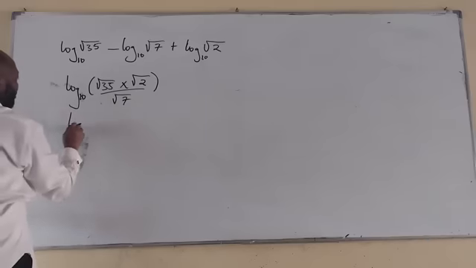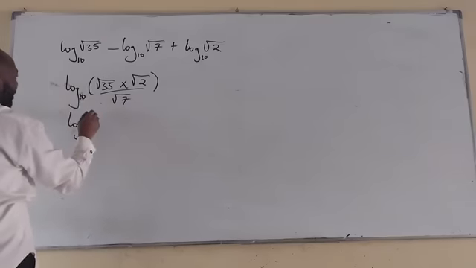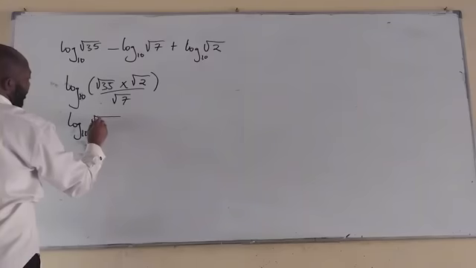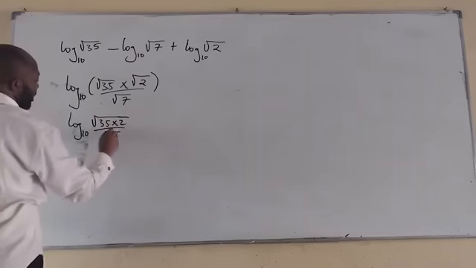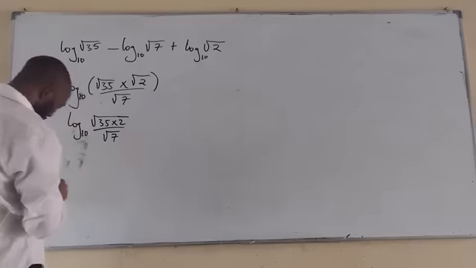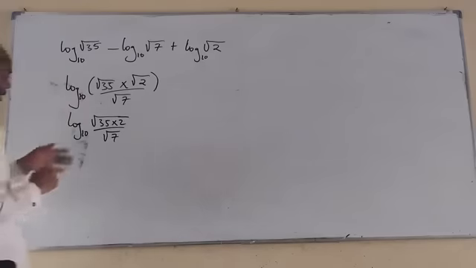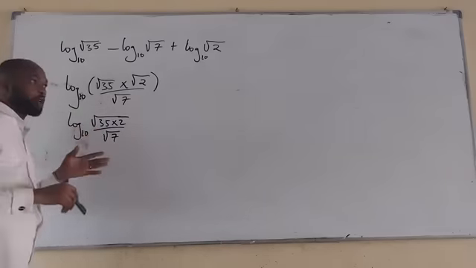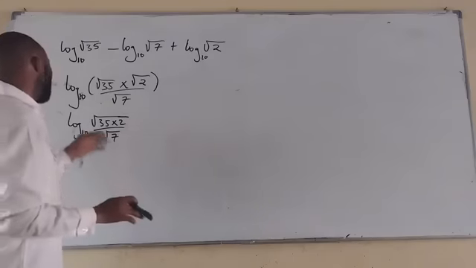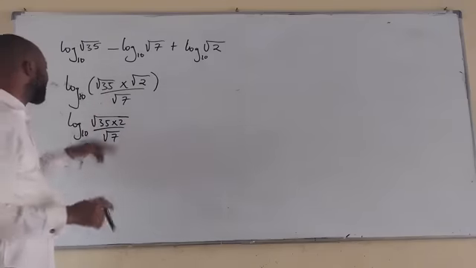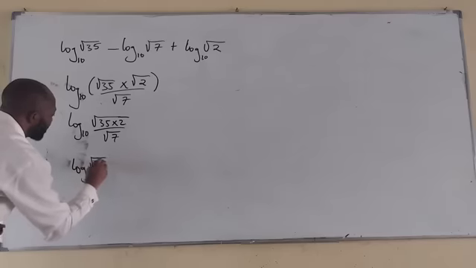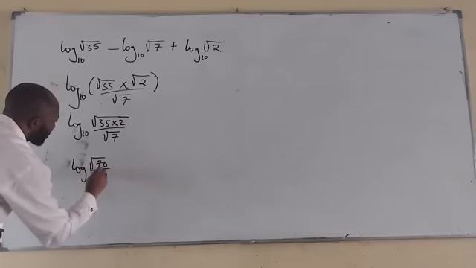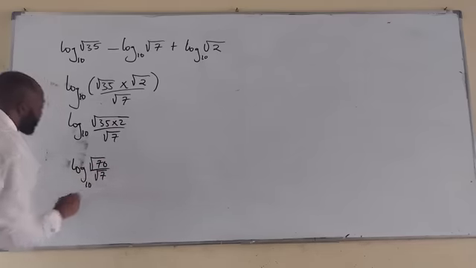Remember the multiplication law, how you can multiply them, bring them into one place. So this is the log of root 70 over root 7 in base 10.